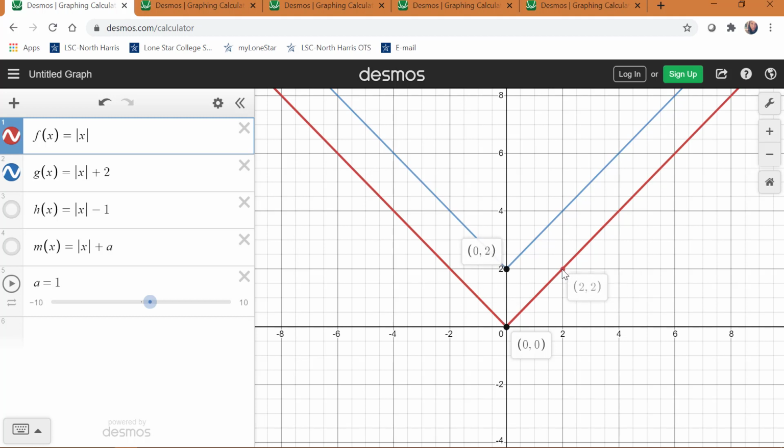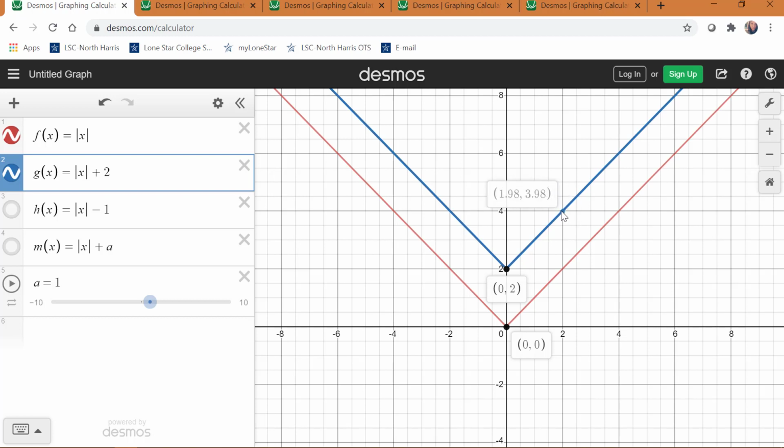So here I have the point 2, 2, and if I shift that point up 2 units, now that point becomes 2, 4. There we go. So the x value itself stays the same, but the y value increases by 2 when we shift that graph up.